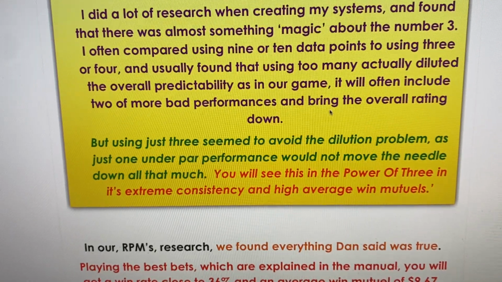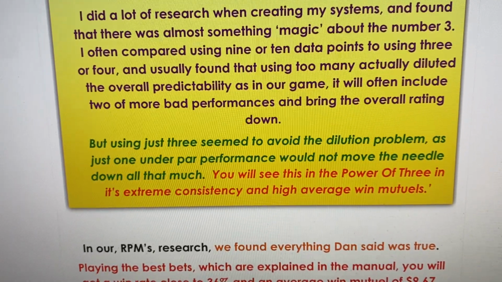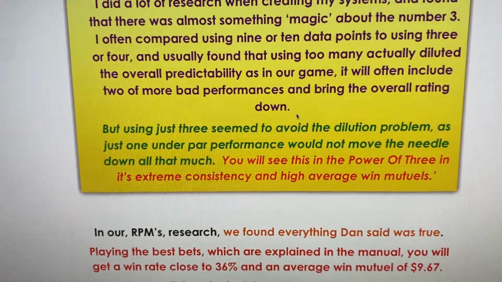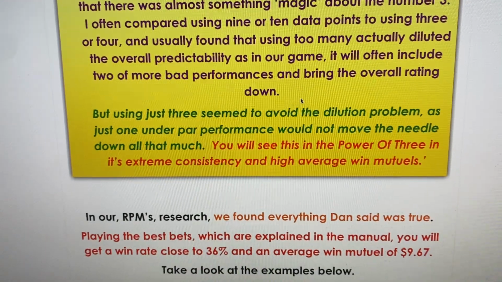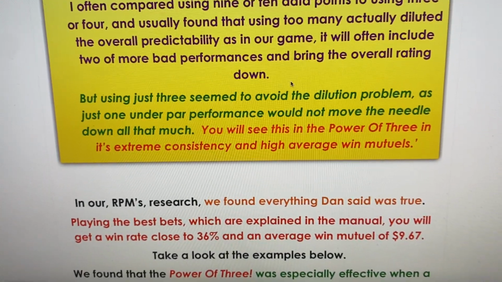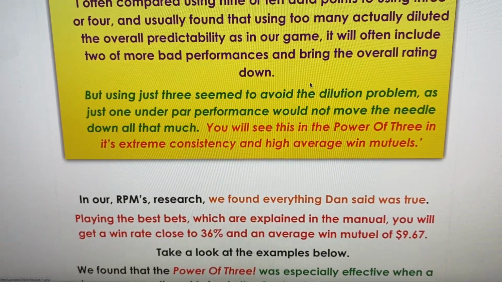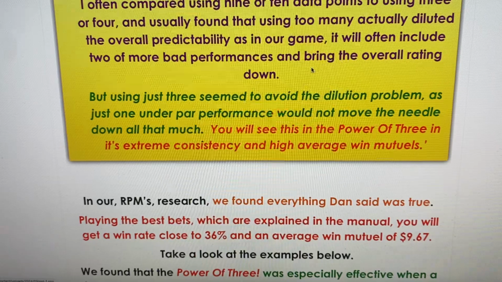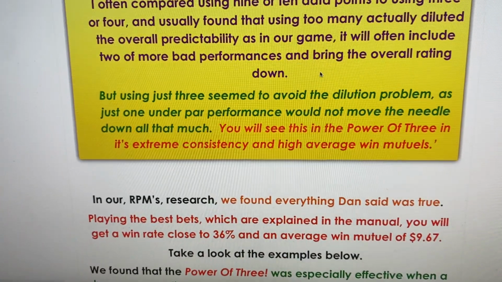It'll often include 2 more bad performances and bring the overall rating down, but usually in 3 you'll find 3 decent plays, and if you only have 1 bad race out of the last 3, the 2 good ones overwhelm the 1 bad one. When you're using too many data points, things may just get totally lost in the research parameters that they're using.